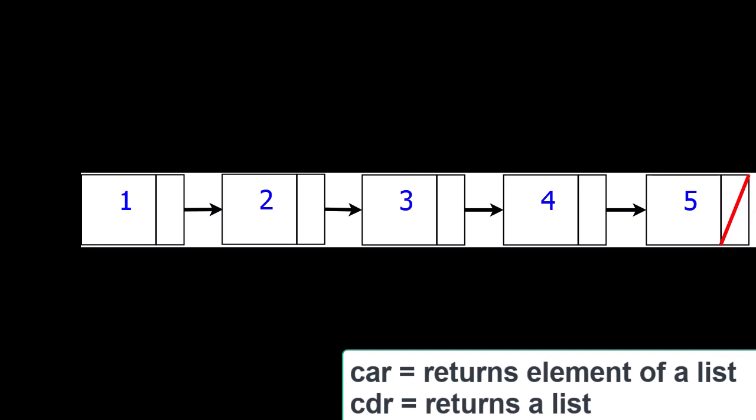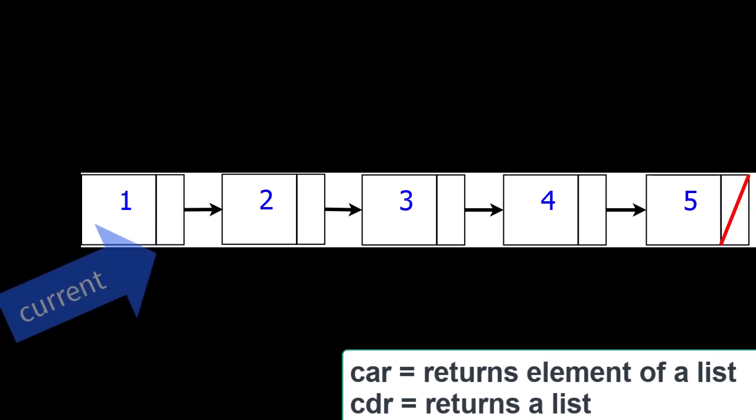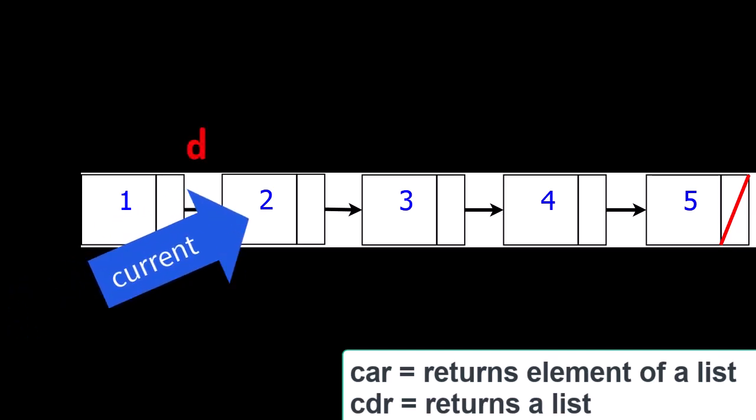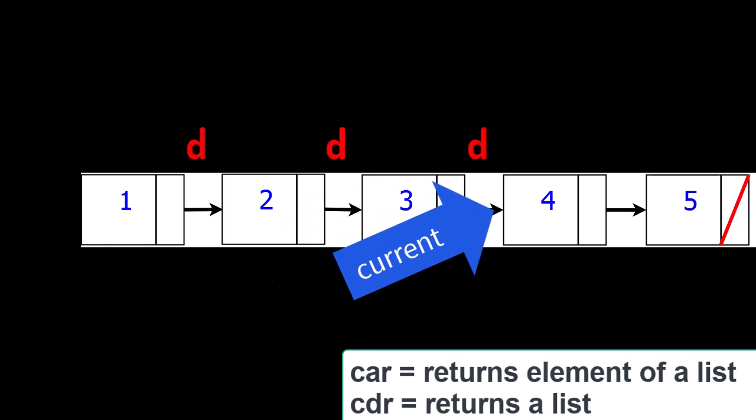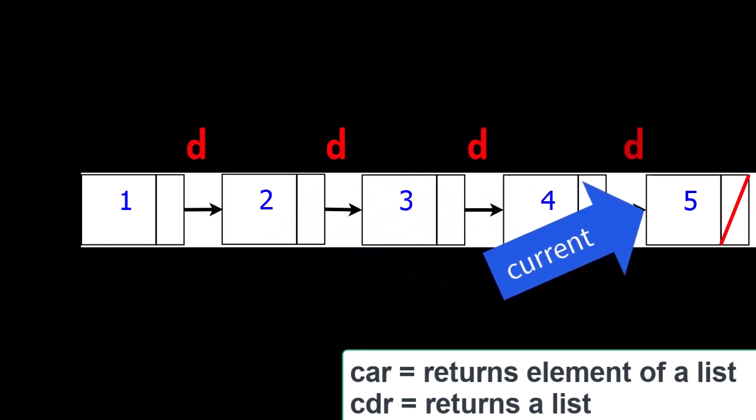Notice I don't really specify it in the instructions, so I could get 2 answers to this. As you notice, first here's my D, that will give me the rest of that list. The next D will give me the next third of that list. D will give me 4 and 5, and then another D at the very end. So I'm going to need 4 Ds in this just to get what I want, which is really the last element.